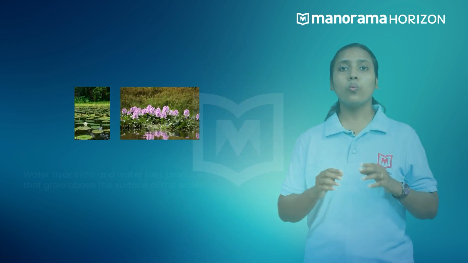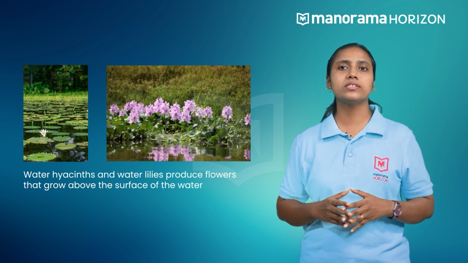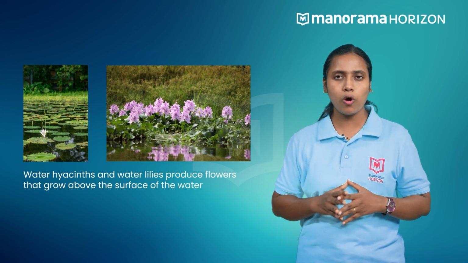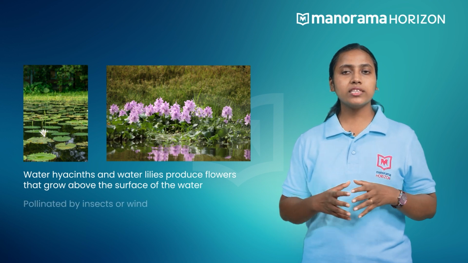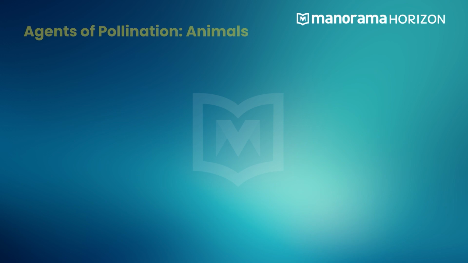Now, are all aquatic flowering plants pollinated by water? Are there any aquatic flowering plants pollinated by wind or insects or any pollinating agent other than water? The answer is yes. Water hyacinth and water lilies produce flowers that grow above the surface of water. Their flowers are pollinated by insects or wind.